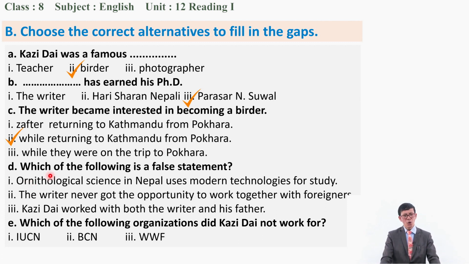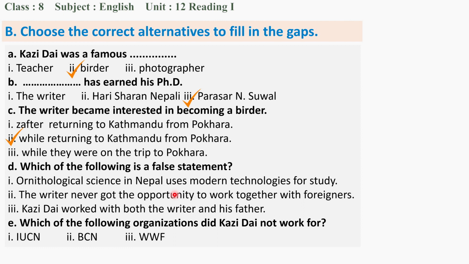And D, which of the following is a false statement? Let's see. Ornithological science in Nepal uses modern technologies for study. The writer never got the opportunity to work together with foreigners. Kajidai worked with both the writer and his father. Can you please tell me which one is the false statement here?